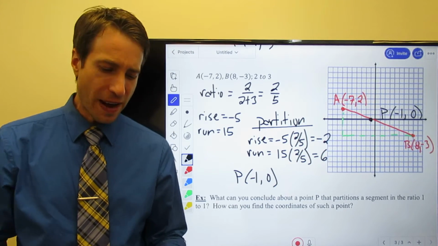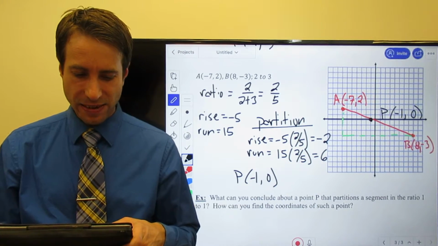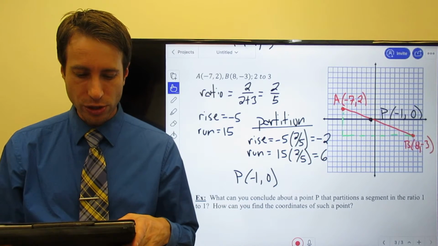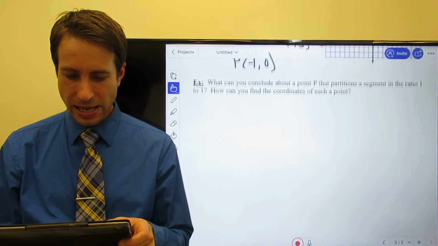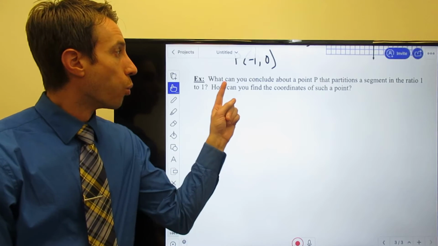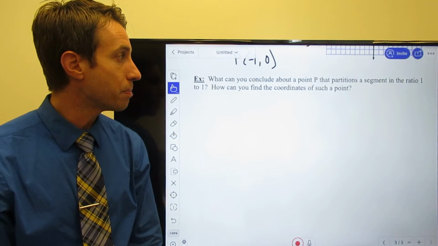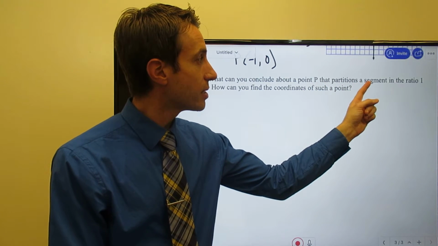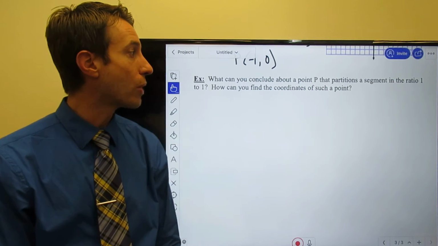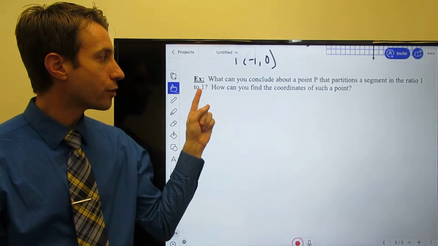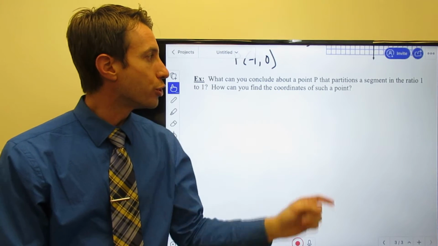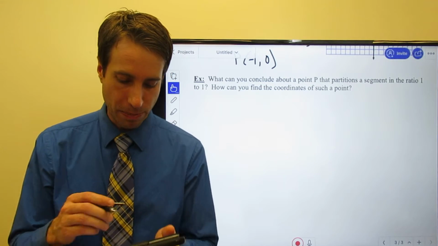All right, one final question here just to see if you really get what it is that we're doing here. And it's this question. What can you conclude about our partition point P that partitions a segment into a ratio of 1 to 1? How could you find the coordinates of such a point?